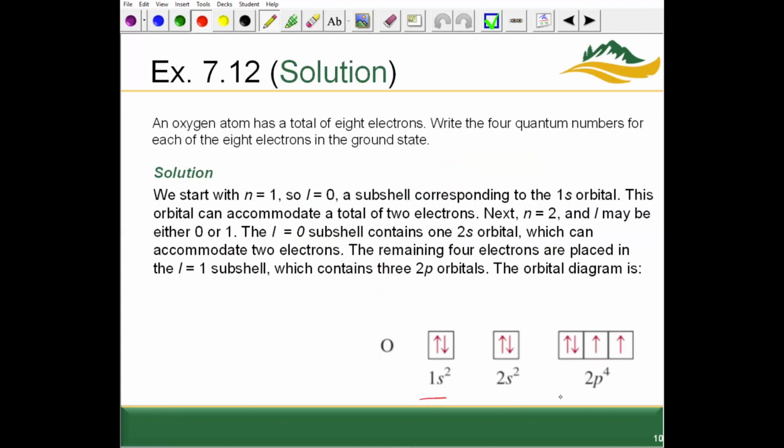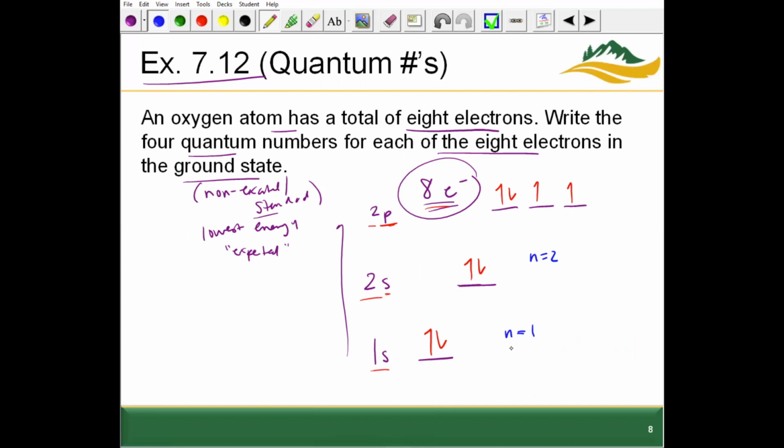Now that we have this written out, let's assign the n and the l value, and then the m sub l value and the m sub s. So for 1s, that is n equal to 1, 2s, that is n equal to 2, 2p, that is also n equal to 2. For s, p, d, and f, that is l equal to 0, 1, 2, 3.